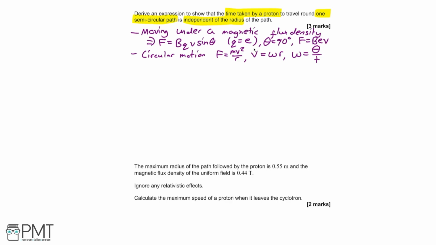So in order to proceed, we're going to need an equation for T, and this equation is going to have to incorporate the fact that we're undergoing magnetic motion. So in order to do that, let's first incorporate the fact we have magnetic motion by using the equations for F: circular motion plus under magnetic field.